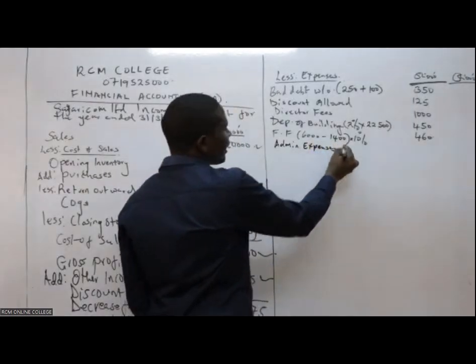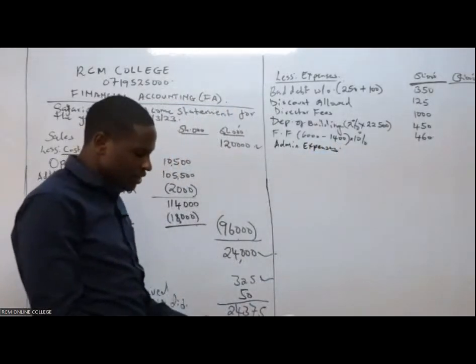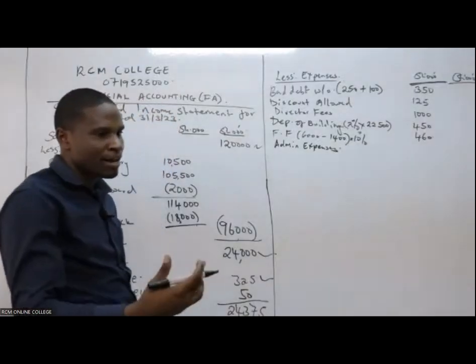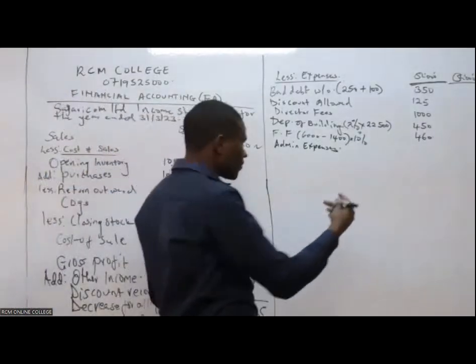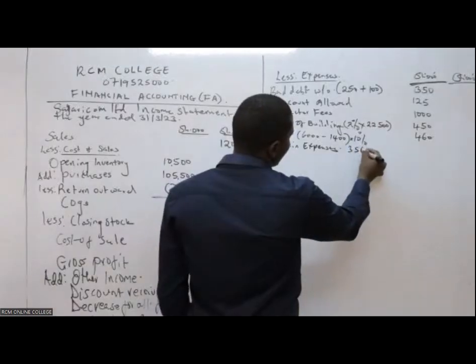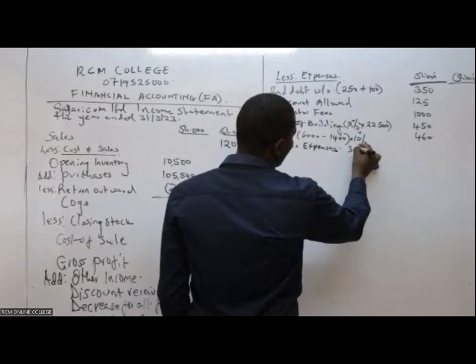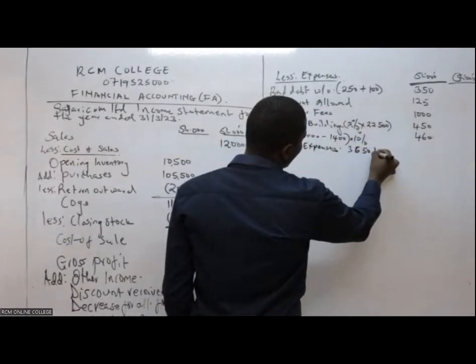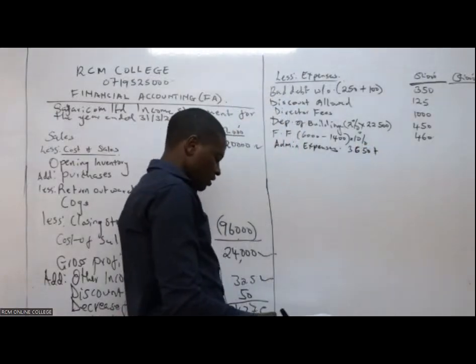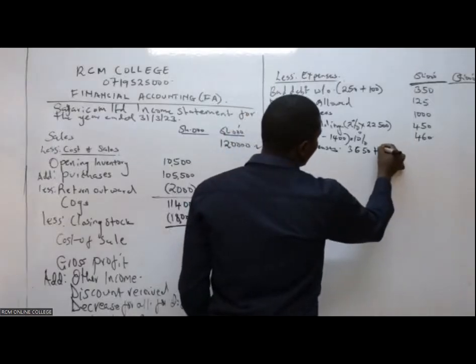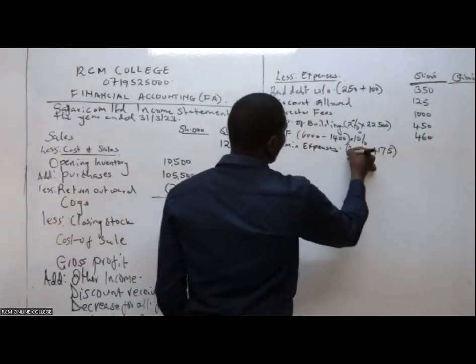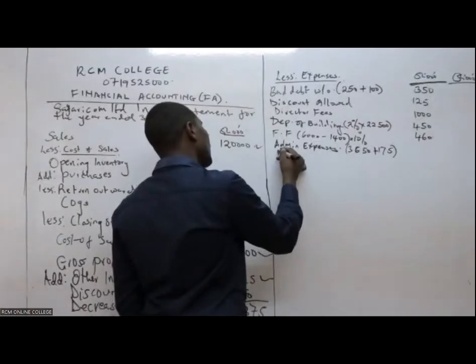So our admin expenses will increase with that amount. In the trial balance, the admin is 3650 plus the accrued amount of 175. What is the total?